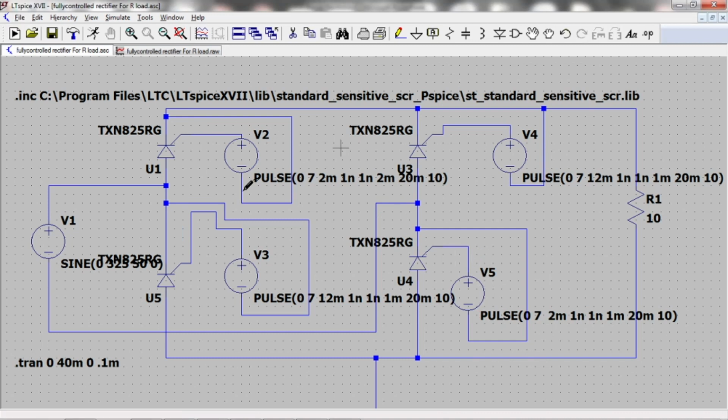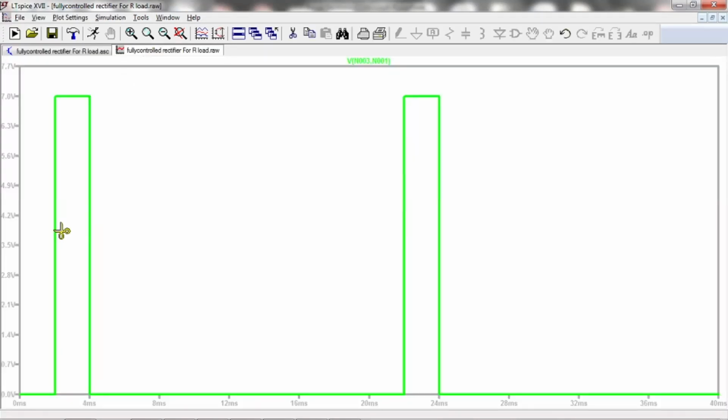Then see here, see when exactly I have applied it. This is 4 milliseconds, so from 0 to this is somewhere around 2 milliseconds where I have applied it. I can show you both.